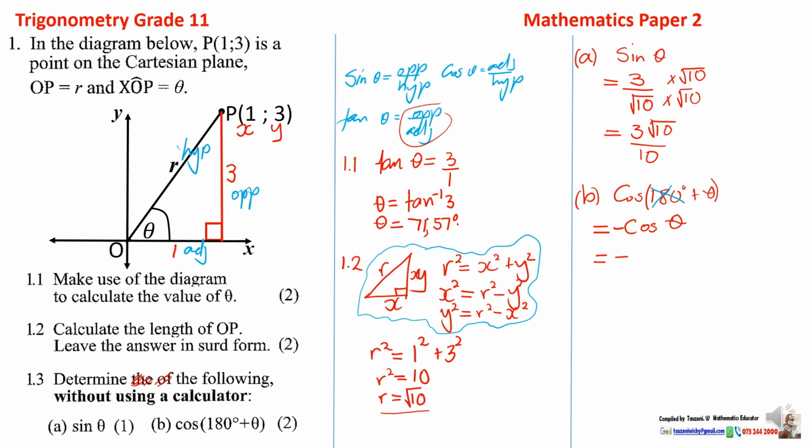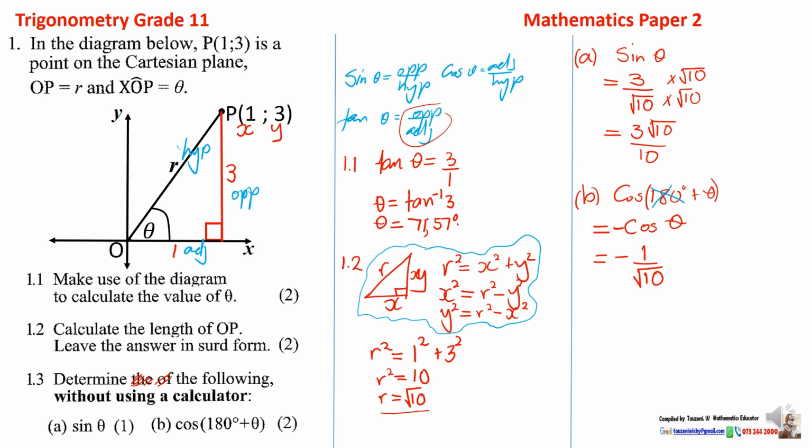Then you substitute cos theta with values that are in your diagram. Cos is adjacent over hypotenuse. The adjacent is 1. The hypotenuse is the square root of 10. So the cos of theta is 1 over root 10. The negative stays there. That is my answer for that question.